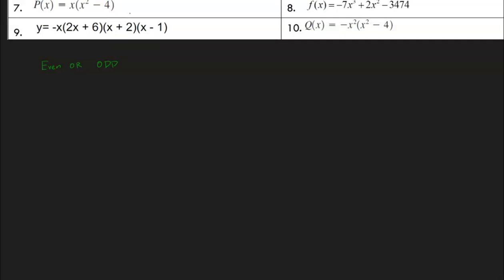For example, number 8, this is in standard form, negative 7x to the third, plus 2x squared, minus 3474. What you really need is that first term in standard form with the exponents in decreasing order. Okay, what you need is the leading coefficient.